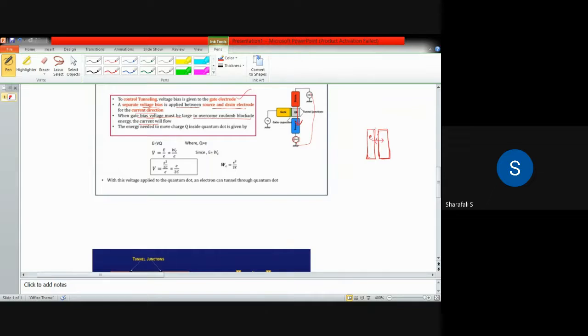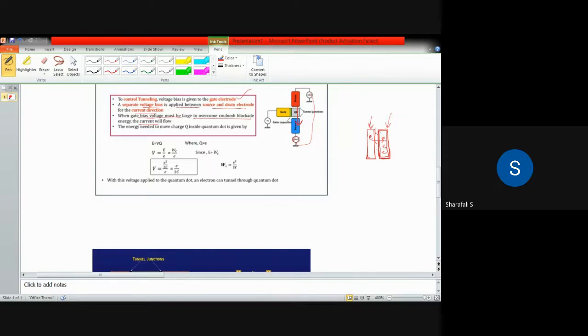Once more electrons reach this particular conductor, it will produce some potential. Because this is a conductor and this is another conductor, this will act as a capacitor. Both conductors are separated by an insulating layer.